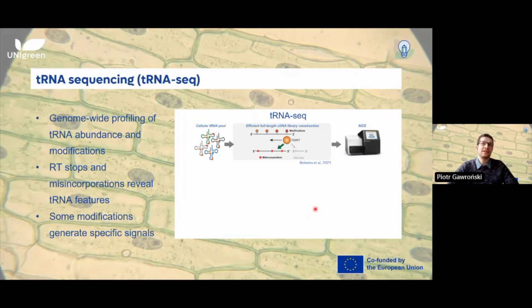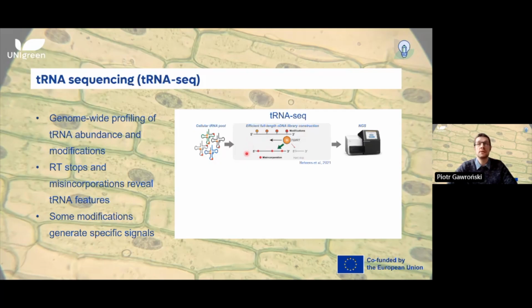But tRNAs are quite difficult to study because they are highly structured and heavily modified. However, we can analyze them using optimized tRNA sequencing methods. In our work, we optimized a next-generation sequencing-based tRNA sequencing approach to study chloroplast tRNAs.